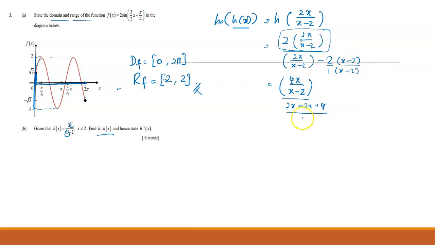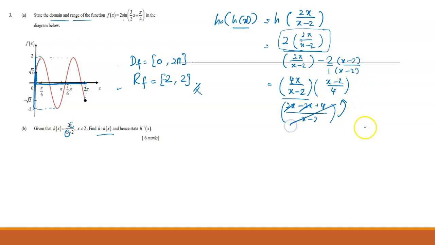Divide by x minus 2. 2x minus 2x equal to 0. So what we have here right now is 4 divided by x minus 2. Bring above for this one here, so switch the position upside down. It's going to give you x minus 2 divided by 4.